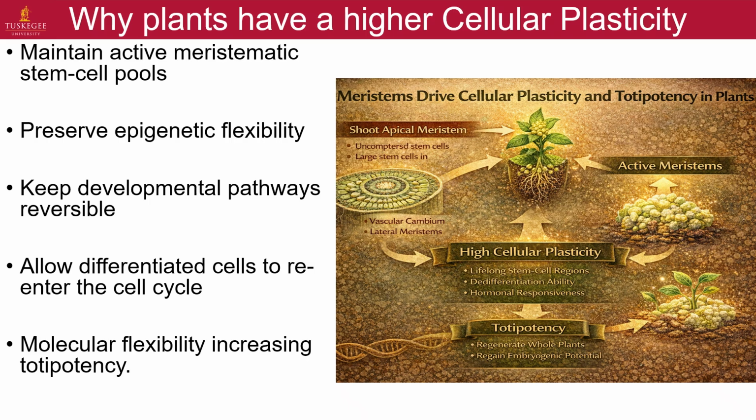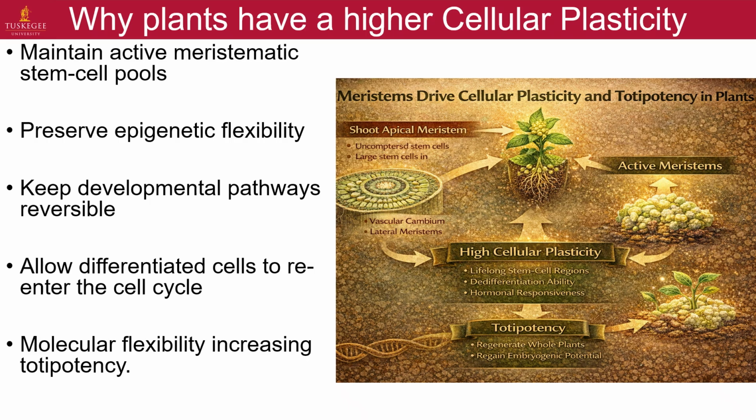Plant cells have a higher cellular plasticity because most of the cells in the plant maintain active meristematic stem cell pools, and they also preserve epigenetic flexibility, ensuring that it's easy for epigenetic modifications to occur, such as DNA methylation, demethylation, histone modifications, chromatin remodeling, among others.